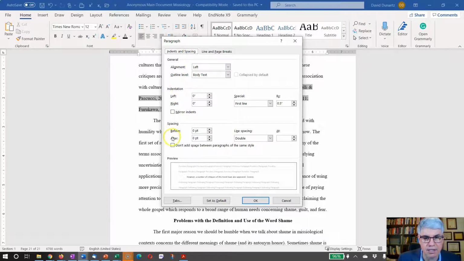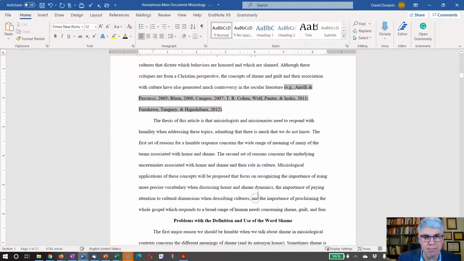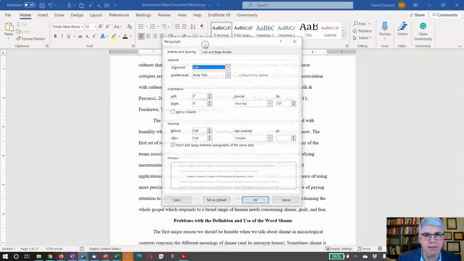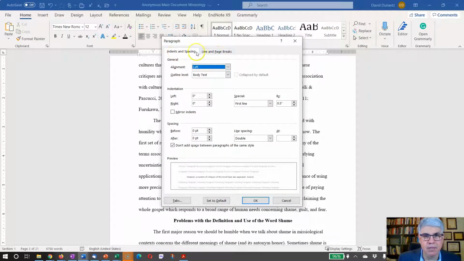And sometimes it's "don't add space between paragraphs of the same style." Sometimes this is set so that it'll add an extra space between the paragraphs. I don't have that, but sometimes you've got an extra space between the paragraphs and you've got to play with these paragraph settings to get rid of it.